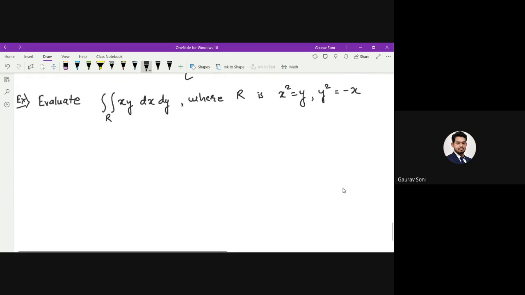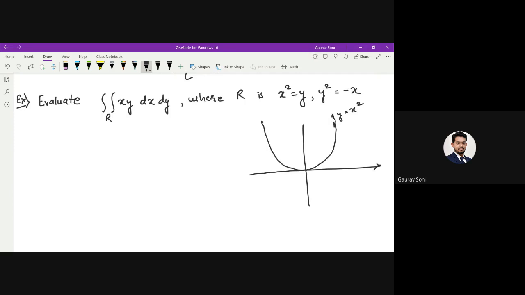Let's draw the diagram for this. y equal to x square is a parabola opening towards positive y. This is actually y equal to x square. y square equal to minus x.